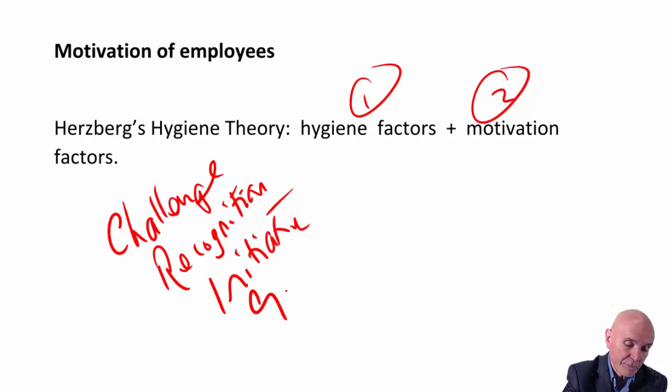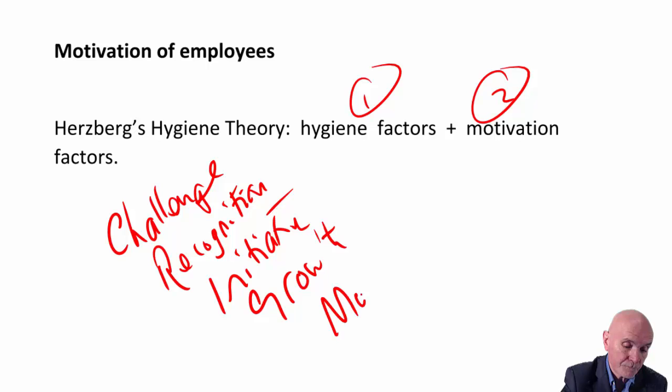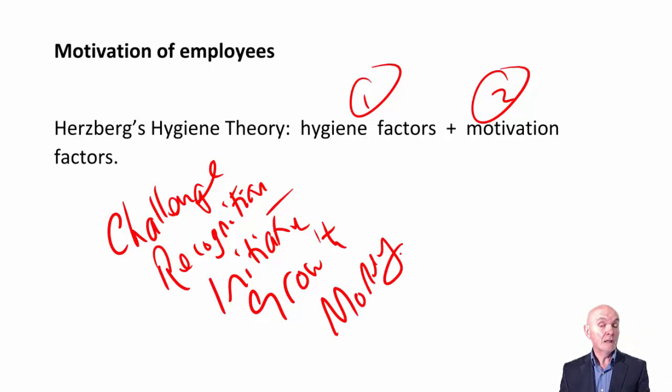That you see what might be called personal growth. Yes, I'm learning skills. I'm getting better. And whether the skills are going to be good for promotion within this job, or going to help you get another job, you're feeling you're growing and getting better as a person. And these are normally the factors that are regarded as motivation. Of course, you can have money. Some sort of bonus being paid if you do well is also going to be a motivation factor.